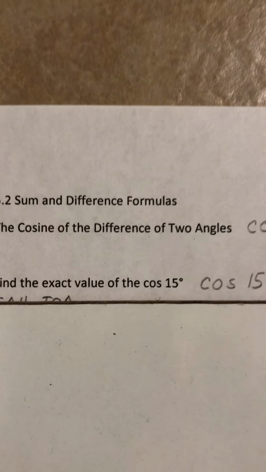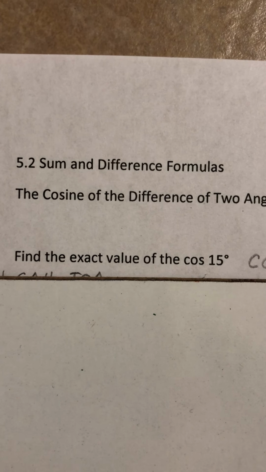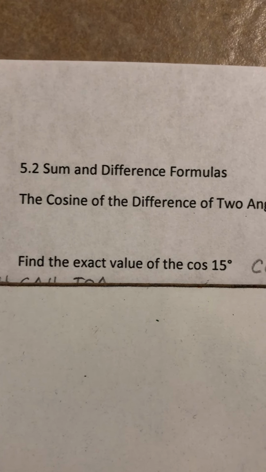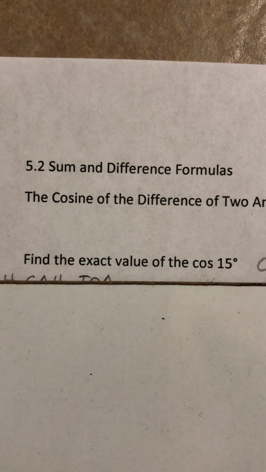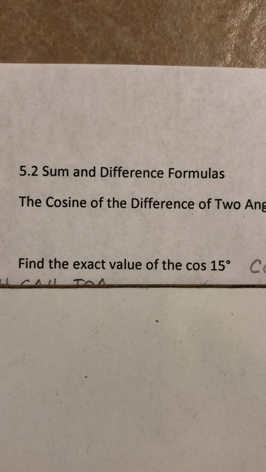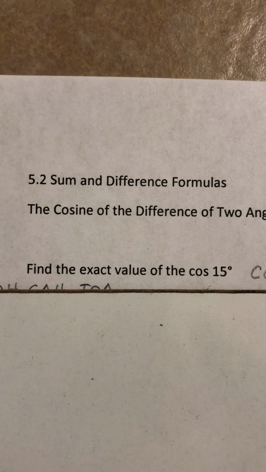We can use this formula to find the exact value of the cosine of 15 degrees. So what we want to try to do is rewrite 15 degrees as a combination of two angles that are being subtracted.